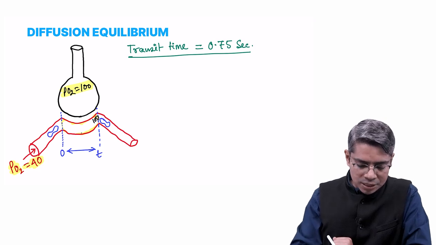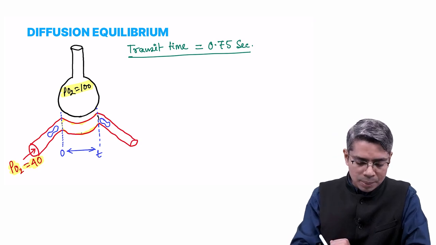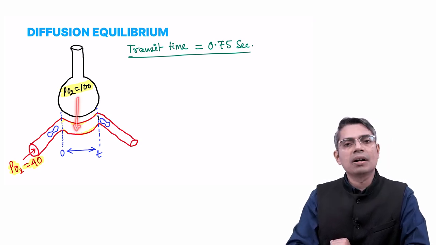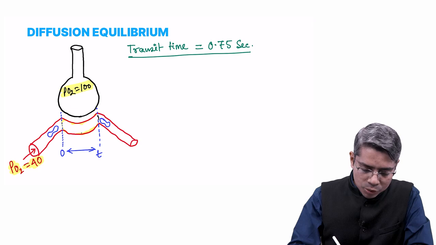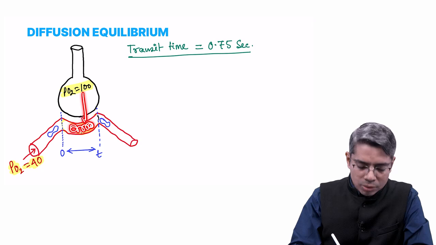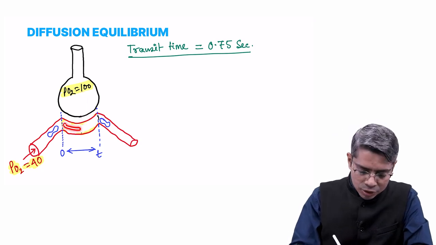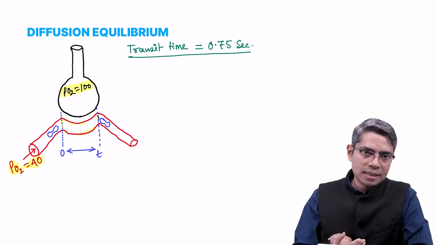So now my question is, at which point will the partial pressure of capillary blood be equal to 100? So now we want to understand at which time point the partial pressure of the capillary blood will be equal to 100. Does it require the whole 0.75 second, or does it require less time?